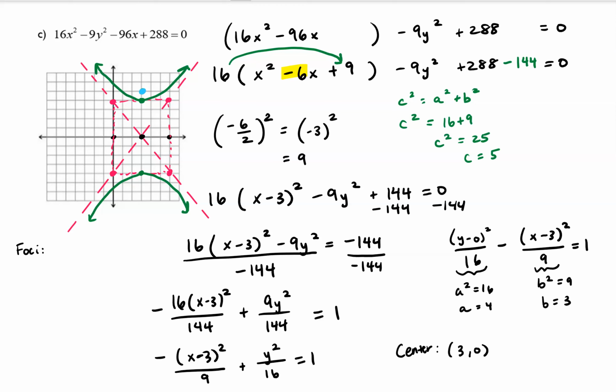And then for my other focus, I'm going to start at the center and move down 5 units. So these 2 ordered pairs represent my foci, and those are located at 3, negative 5 and 3, 5. Those are the locations of my foci. And that concludes this example of graphing this hyperbola.